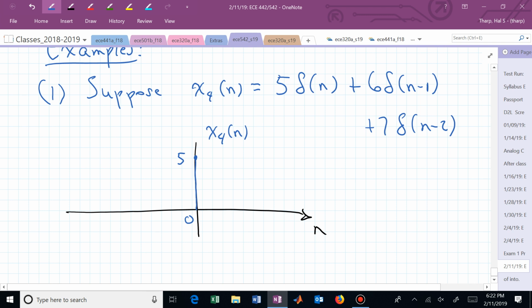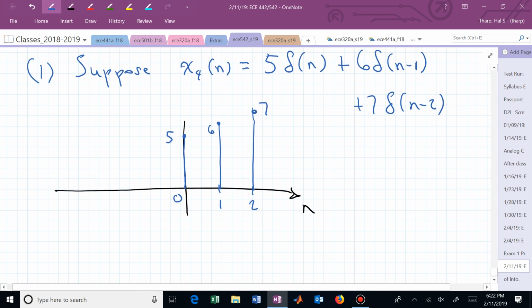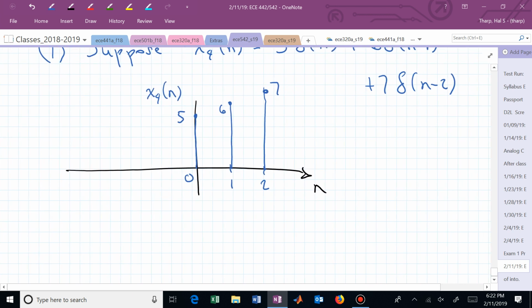When the second term in that sum is non-zero is when n minus 1 is equal to 0, or when n is equal to 1. When n is equal to 1, we're up at 6. And at n equal to 2, we're now at 7. That's the sequence. X sub 4 of n looks like that. What's its z transform?